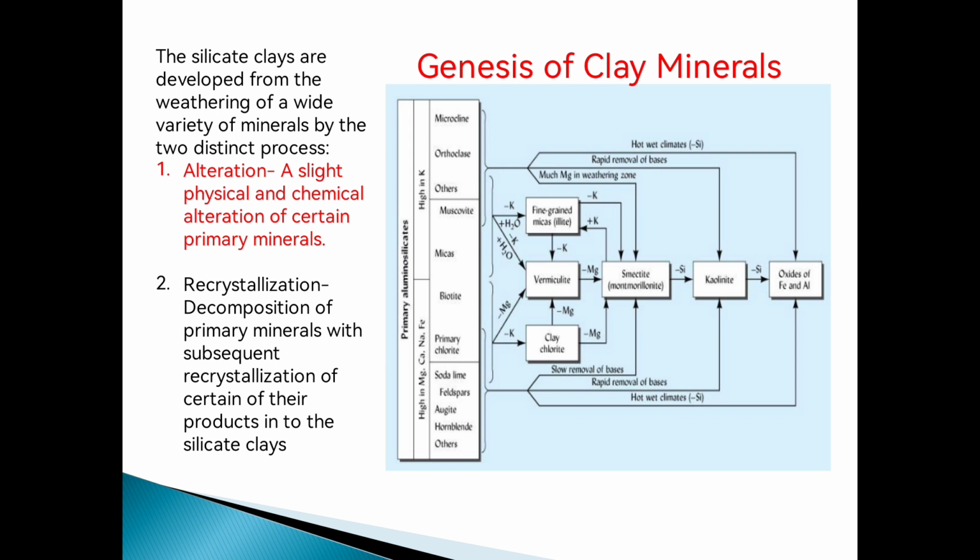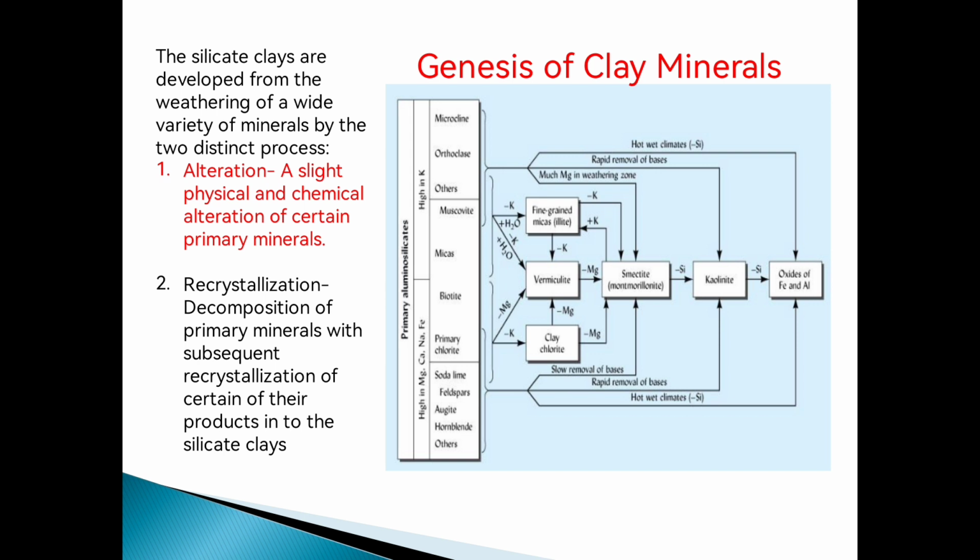If there's slow removal of bases, it will turn into smectites or montmorillonite. Rapid removal of bases will turn into kaolinite. And if there's a hot, wet climate, it will turn into oxides of iron and aluminum. So this is how the clay minerals are being developed.